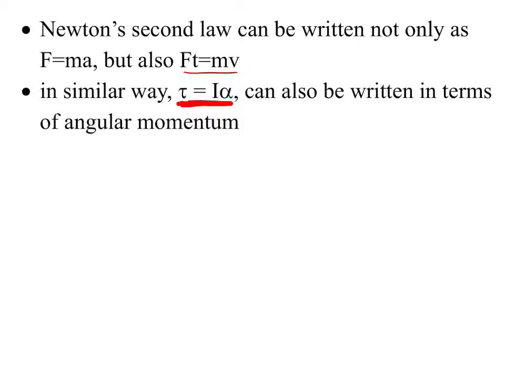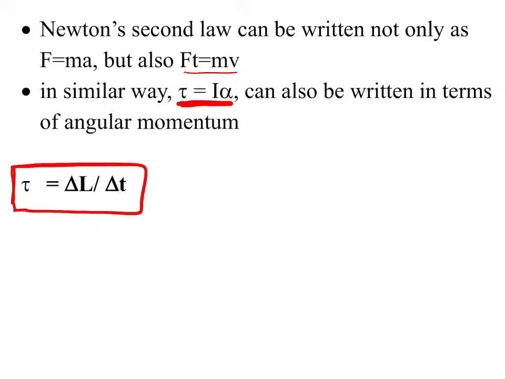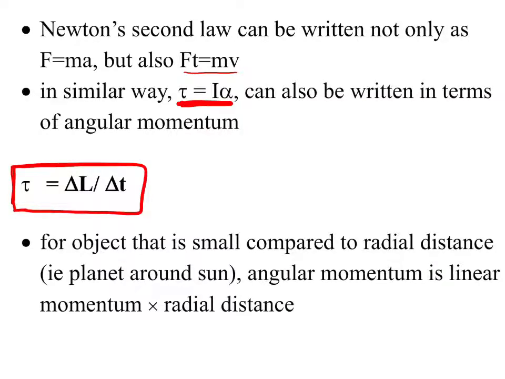And so we can take this, which we learned in rotational inertia, and write it in terms of angular momentum, okay? Since angular acceleration is change in angular velocity divided by time, we can rearrange that to get something like this, where we have our torque equaling the change in angular momentum divided by time, where capital L, remember, is angular momentum.